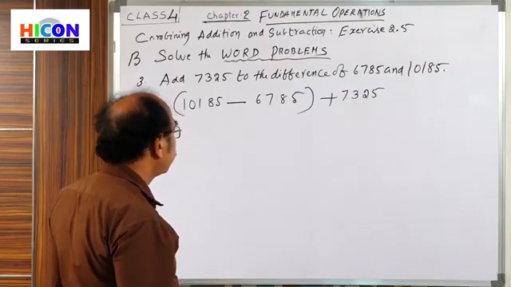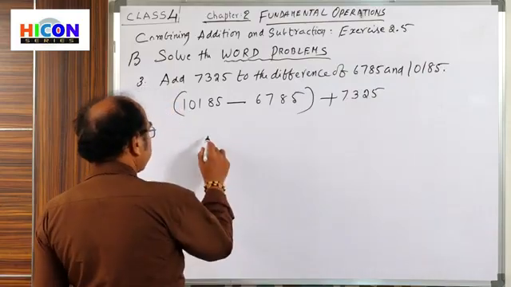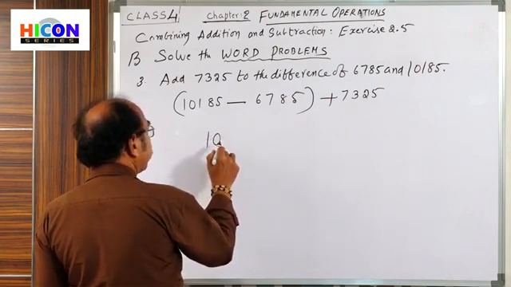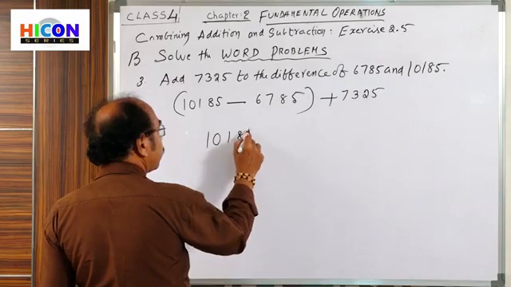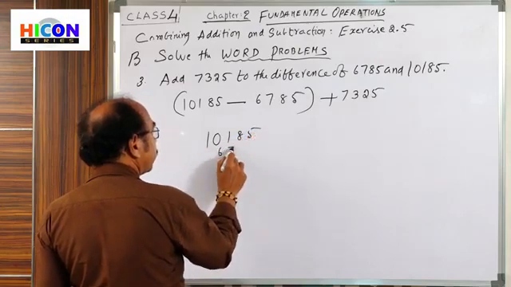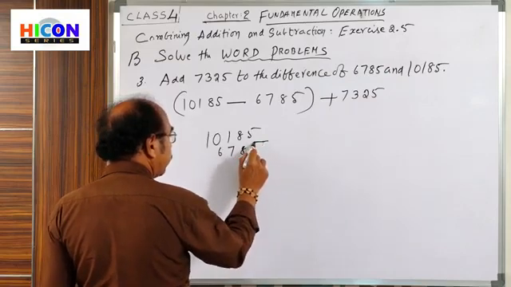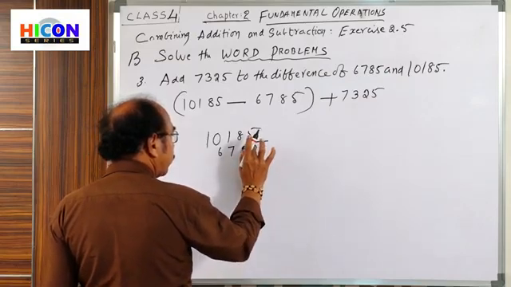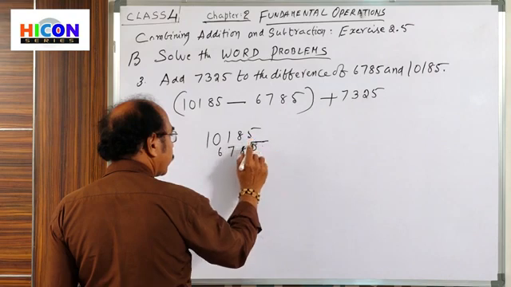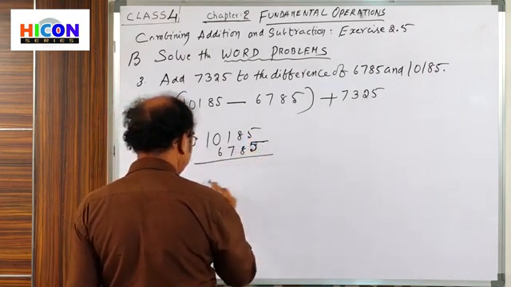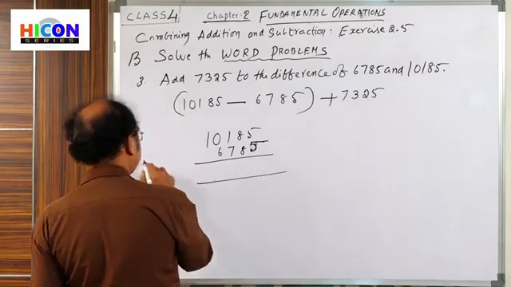So children, here you show the subtraction. Find the difference between 10,185 and 6,785. See the difference.